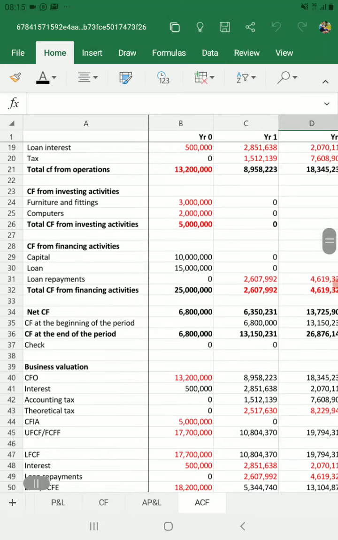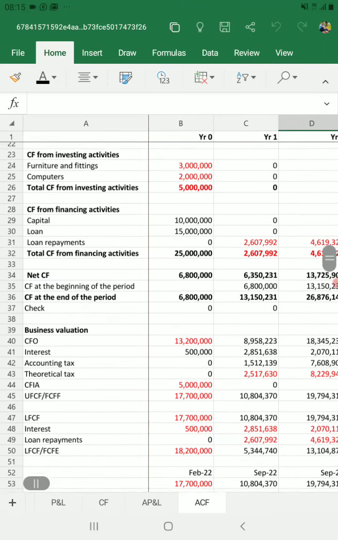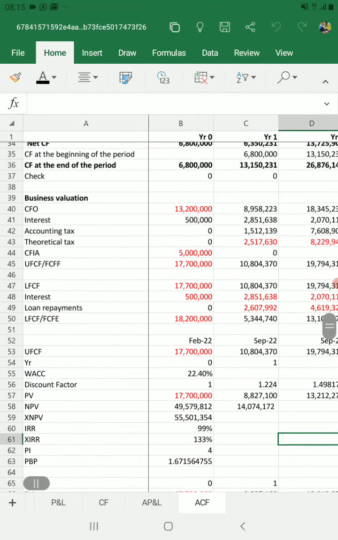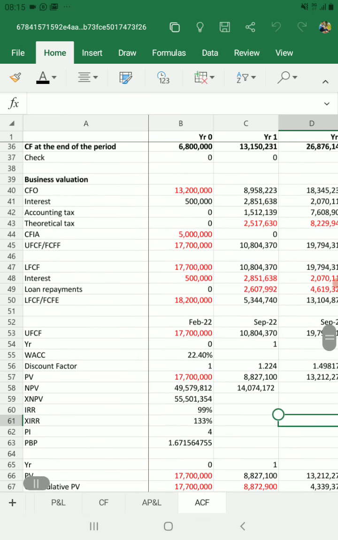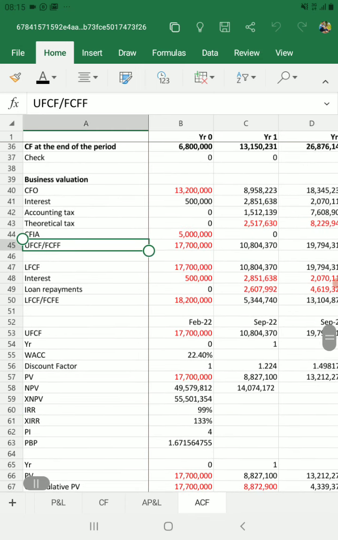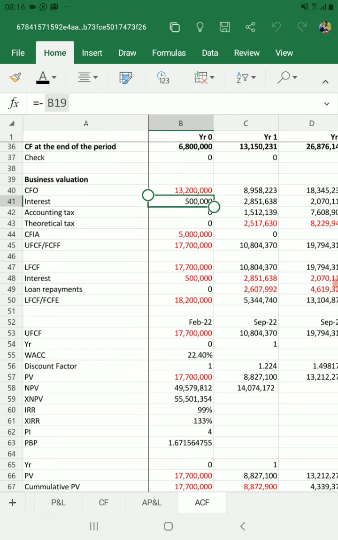There is a point I want to share with you relating to that. So in our business valuation here, we had our unlevered free cash flow computed by taking cash flow from operations. We added back interest.